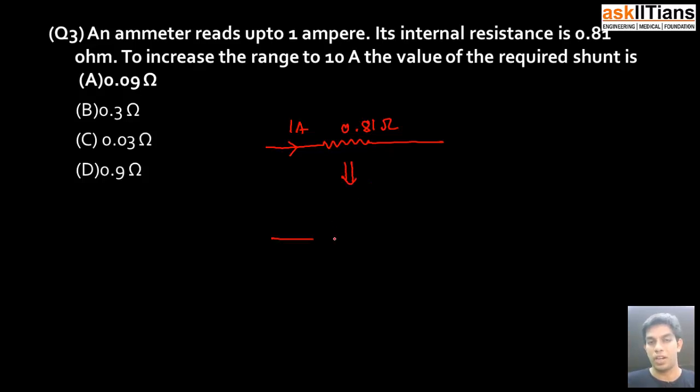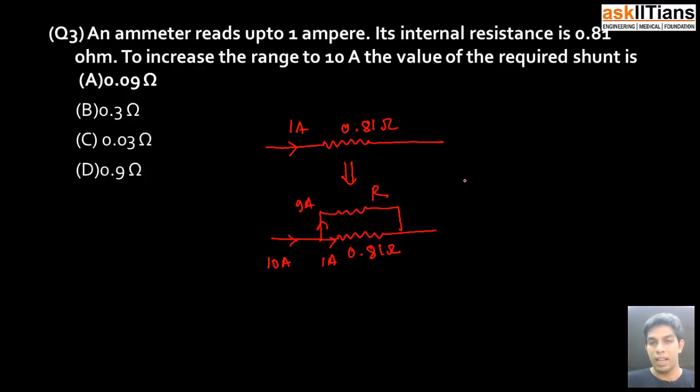So I apply a shunt. Let's say it's of a value of R. So I have 0.81 ohm over here. So it's now able to take 10 ampere. So it means 9 ampere goes in this branch and 1 ampere goes in this branch.